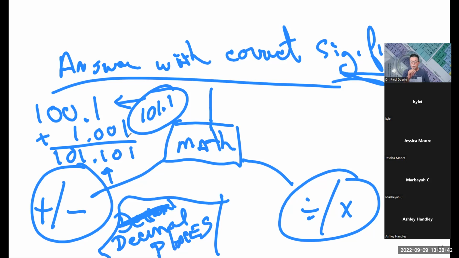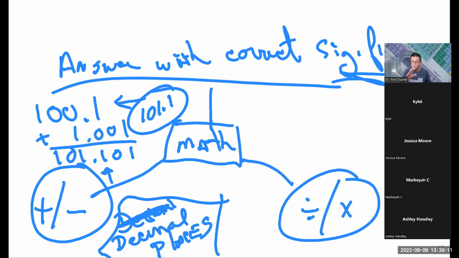The whole point about the Sig Fig business is that you don't present your data more accurate than the least accurate digits that you utilized during your mathematical function. The mistake that occurs most often is that you know you're going to add and subtract, and you start thinking Sig Figs, but don't do that.